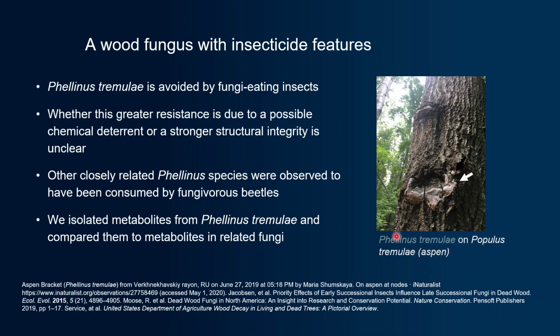This fungus, Phellinus tremulae, or aspen bracket, wants to grow only on Populus tremulae. Very rare on big tooth aspen, which is Populus grandidentata, and we'll still have to confirm why it wants to grow on some other trees as well. But basically, it's a parasite of the trembling aspen, wants to grow only on this tree.